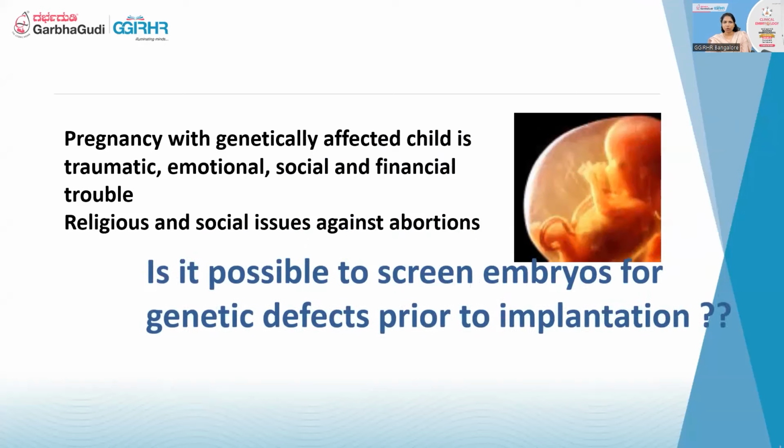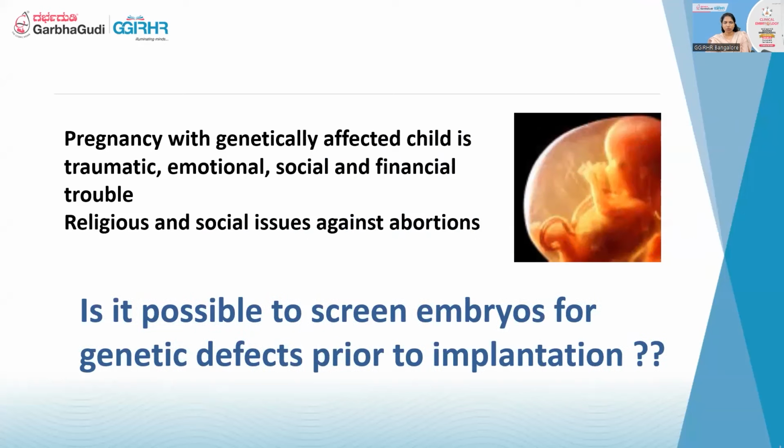So is it possible to screen embryos for genetic defects prior to implantation, so that we avoid the traumatic, emotional, financial, religious, and social issues related to abortion? Can we implant a healthy embryo and get a healthy pregnancy?